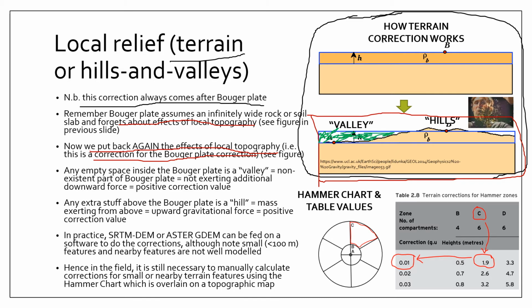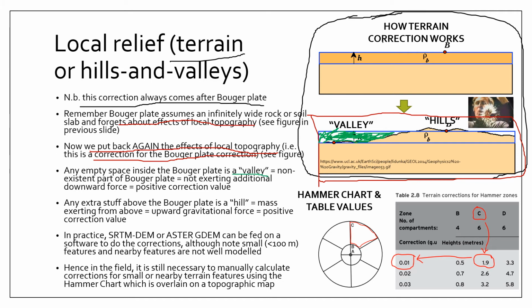Okay, but in the Bouguer plate correction, it was assumed to be part of the Bouguer plate. Okay. So this airspace is technically non-existent. Okay. And we call that a valley.